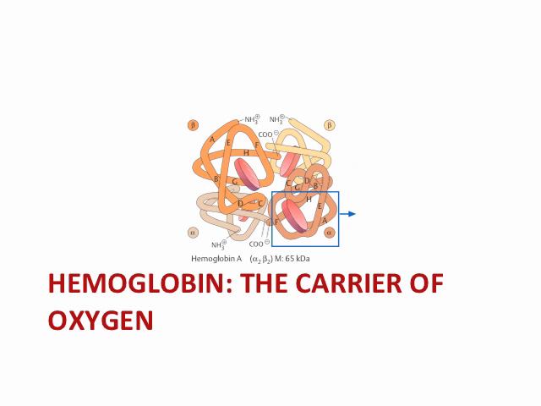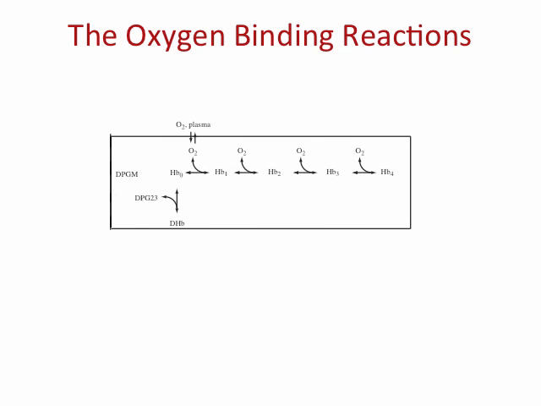That iron atom has to be in the +2 charge state in order to bind to oxygen. If it is oxidized to the +3 state, it is non-functional. Hemoglobin in red cells is neither synthesized nor degraded, and therefore is present in a constant total amount.